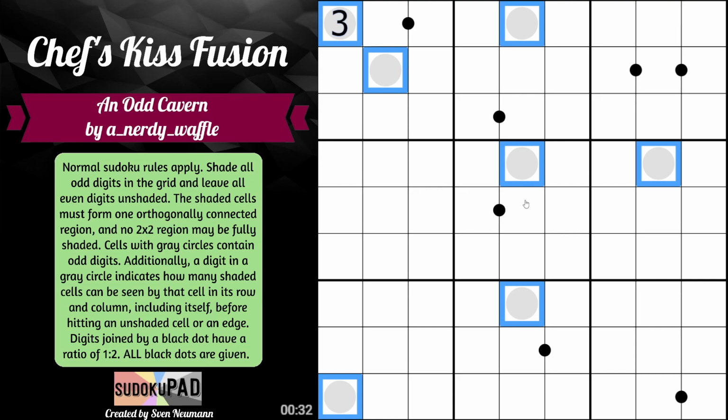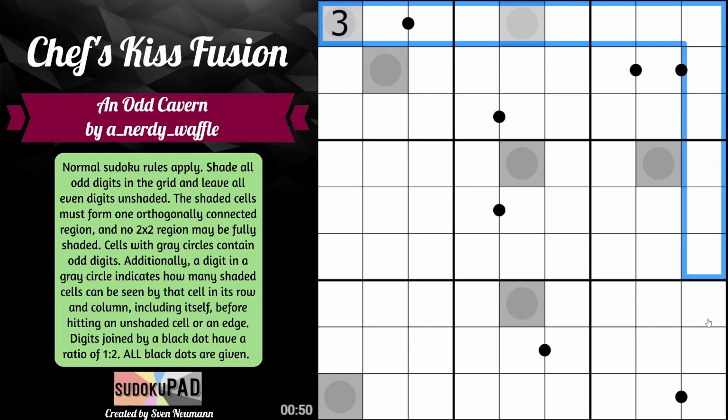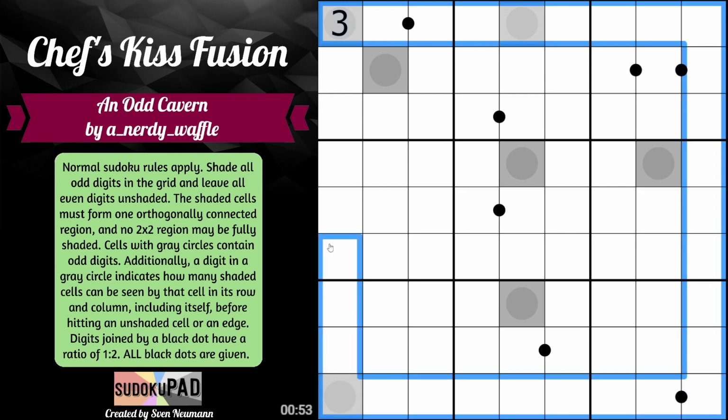The gray circles contain odd digits, and all odd digits must be shaded. So let's do that. So we have all our odd digits shaded, and as we go, we have to make sure we shade our digits. And actually, something I'm seeing, there's a constraint to the way these types of rules work.